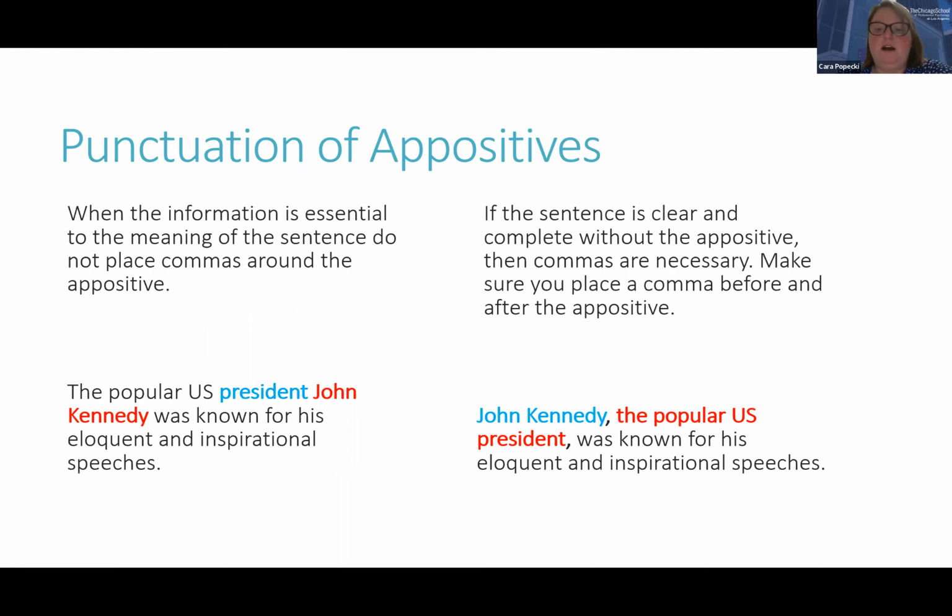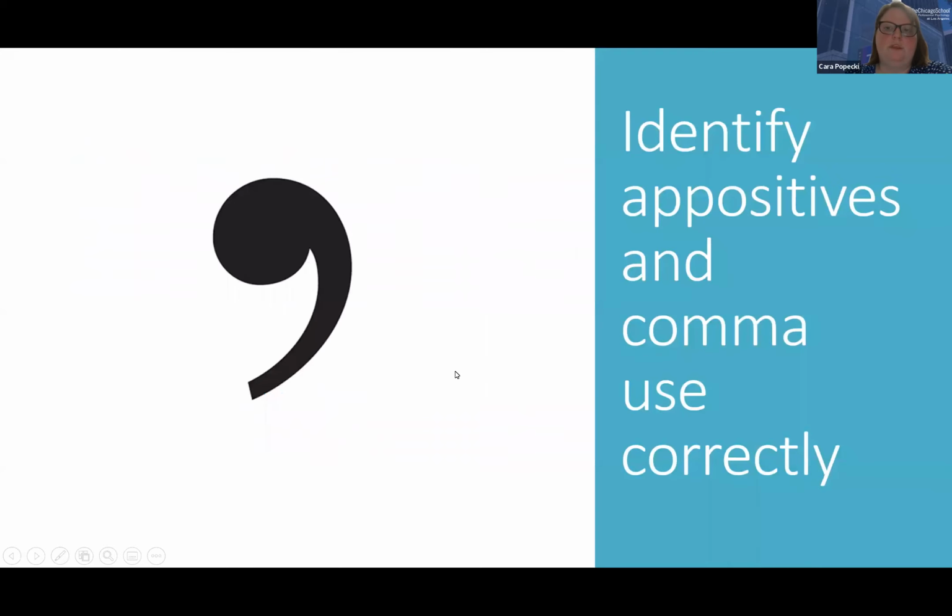However, because we're adding in the descriptor, we want to use commas to insert it. If I was taking notes on this, I would say: identify appositives and commas and use them correctly.